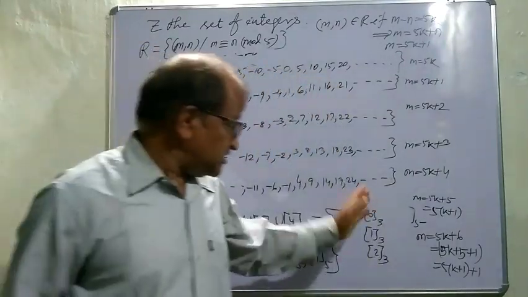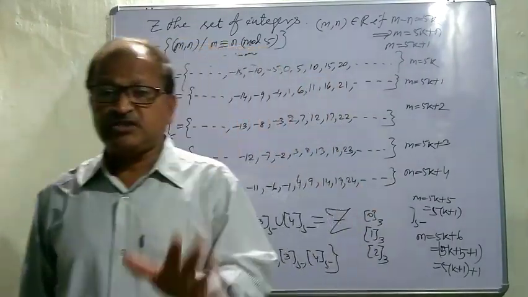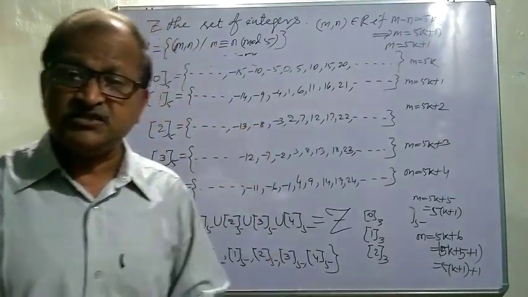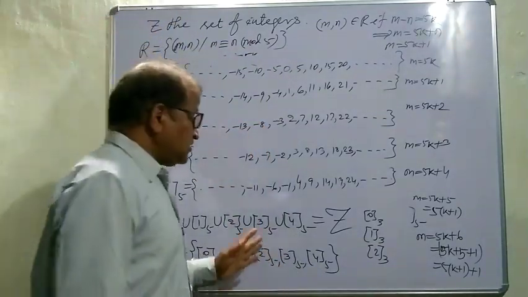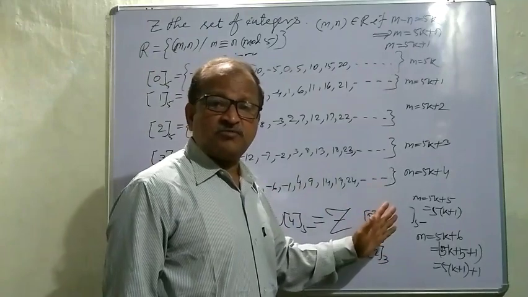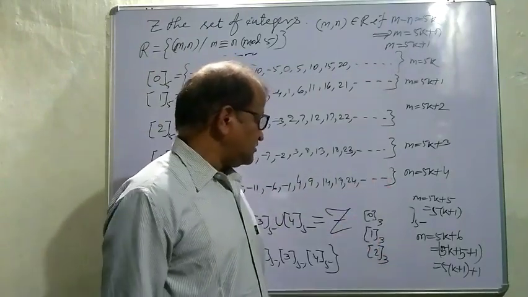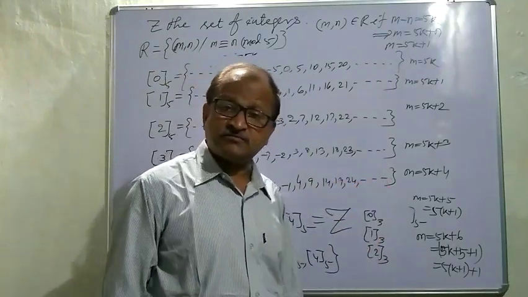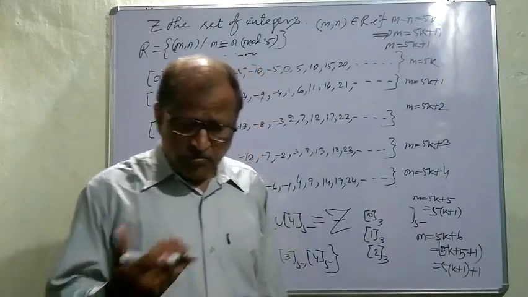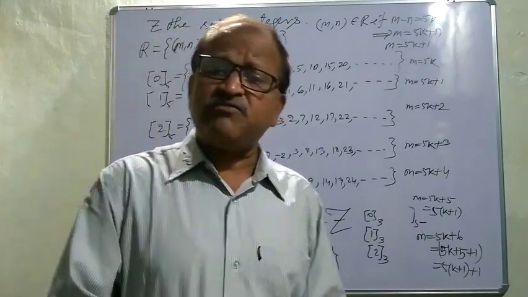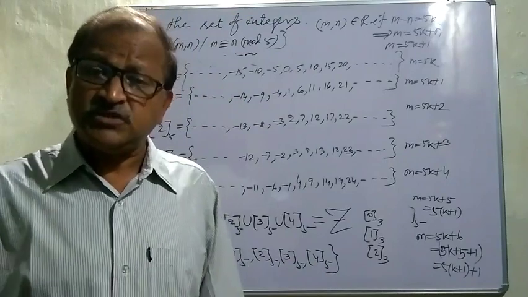These 3 will form the partition of the set of integers. This forms the partition of the set Z, the set of integers. So, if congruence modulo 7, we will get 7 distinct equivalence classes. Which are they?